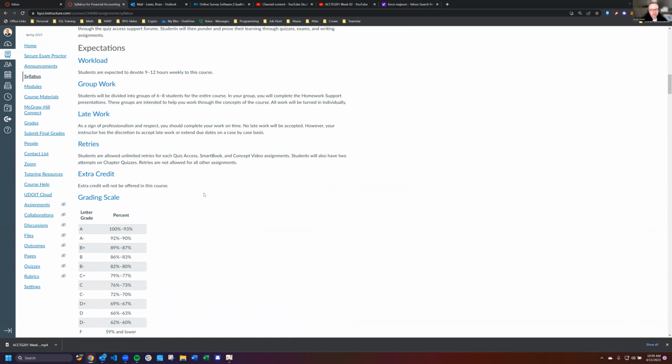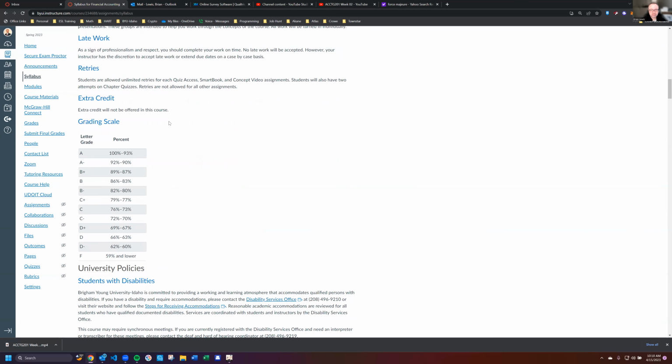In addition, within the accounting realm, late work is not acceptable. Late reporting is not acceptable. Late anything really is not acceptable. And so this accounting class does not accept late work. So let's make sure that both from a professional standpoint and from an overall personal standpoint, we are on top of this class.